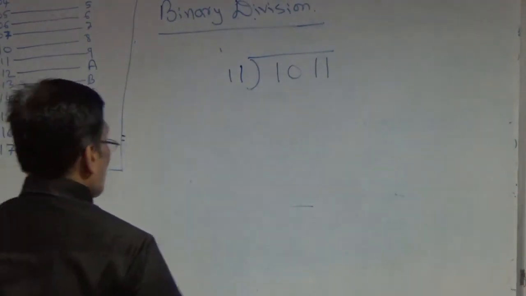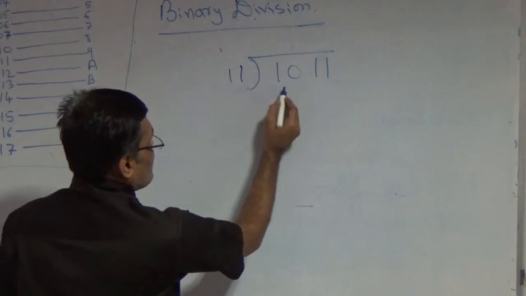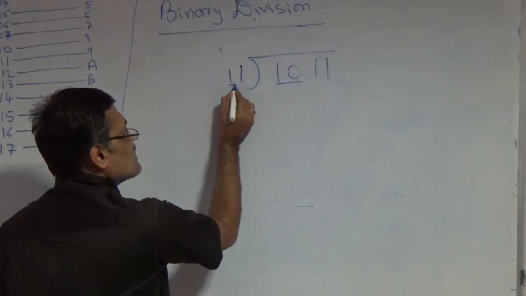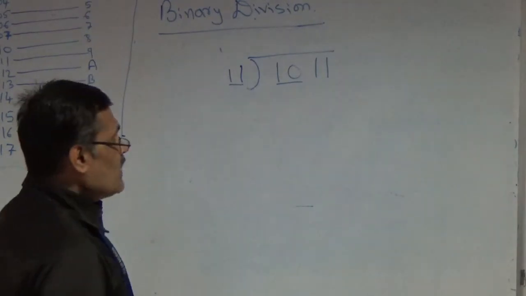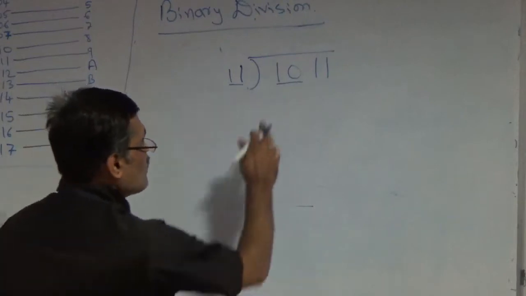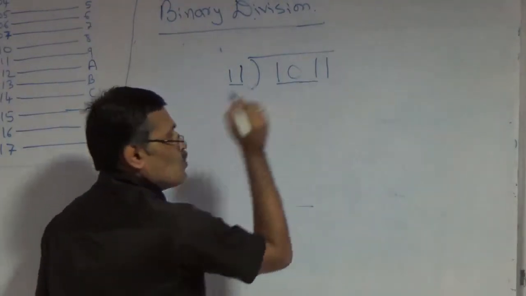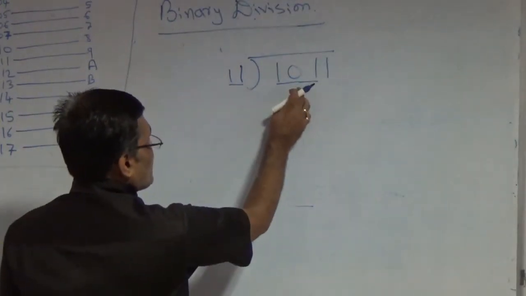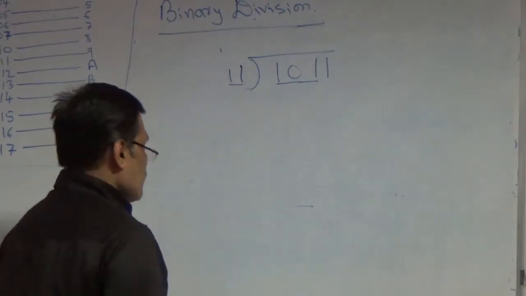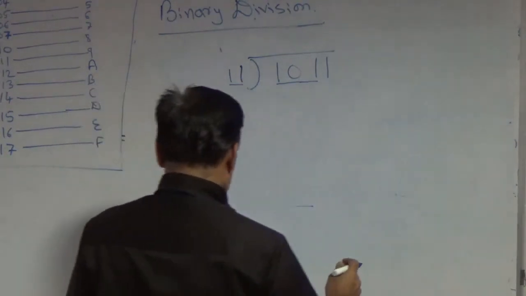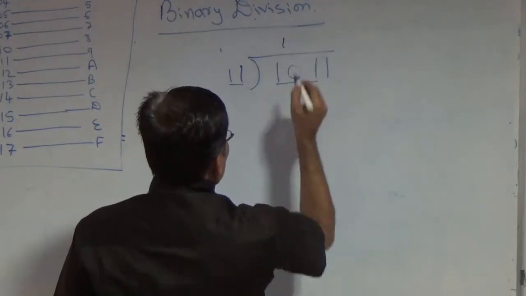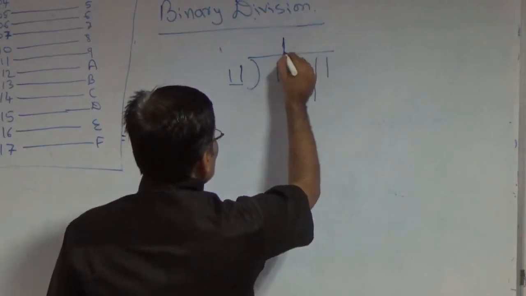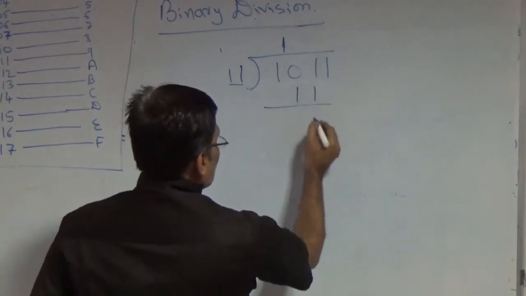Now in this case, we have 2 digits here. The first 2 digits are lesser than this divisor. In decimal numbers, what do we do? We take the third digit also. Now this has become larger and the divisor smaller. So with respect to this, I will subtract.